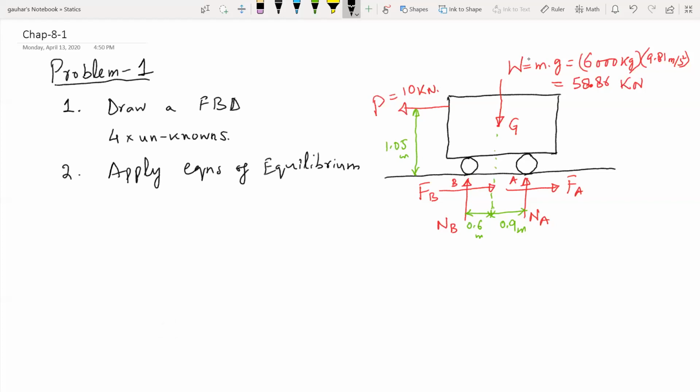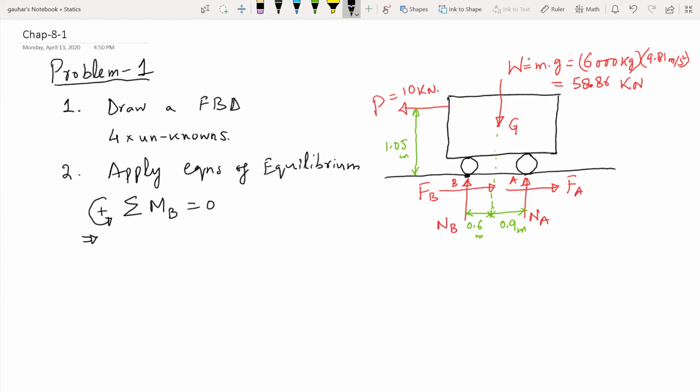So let's take moments at point B. It's counterclockwise positive, that's the sign convention. Summation of moments at point B equals 0.